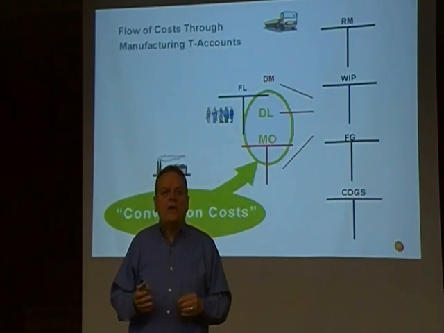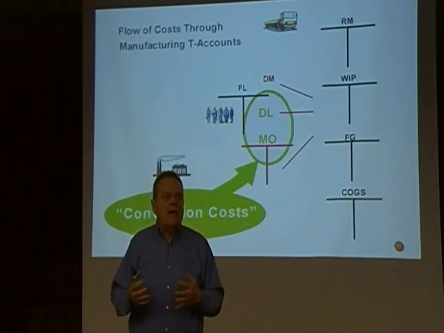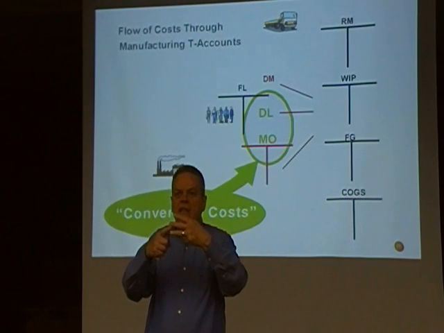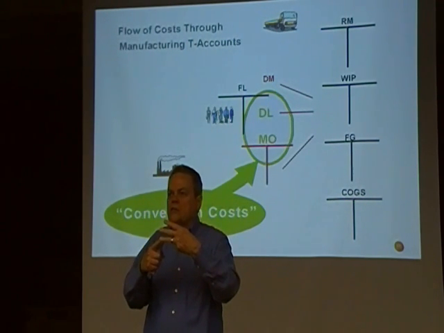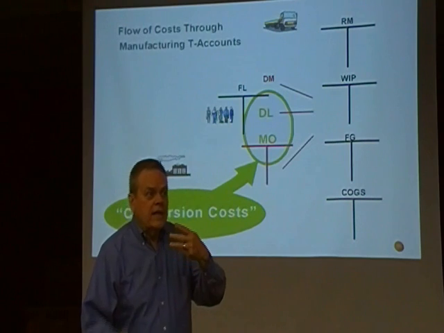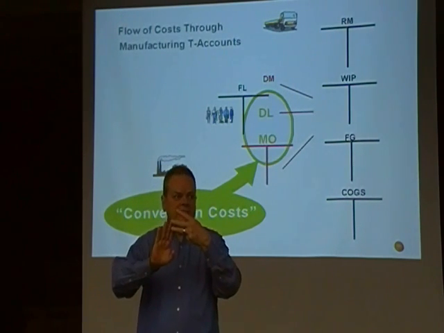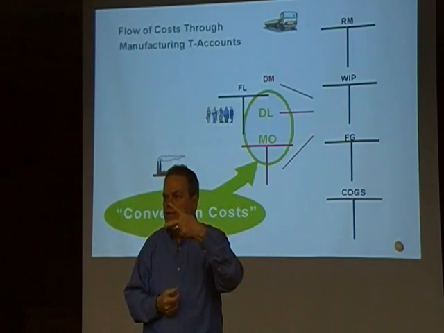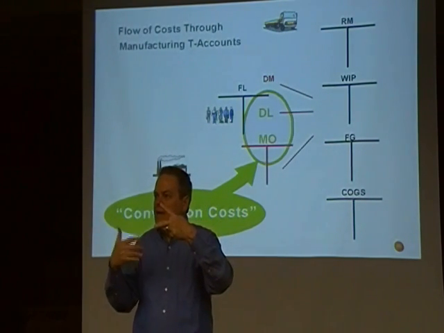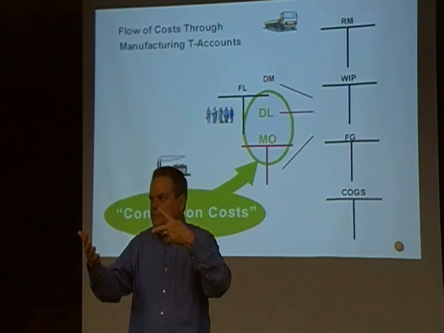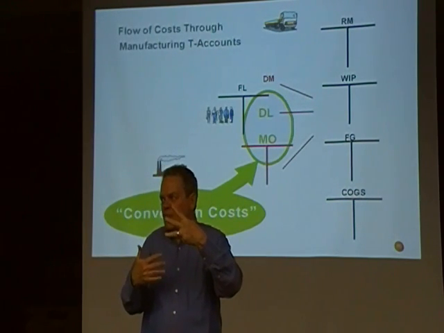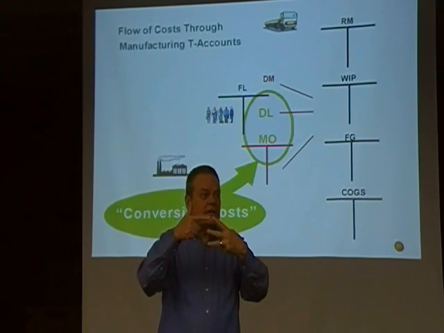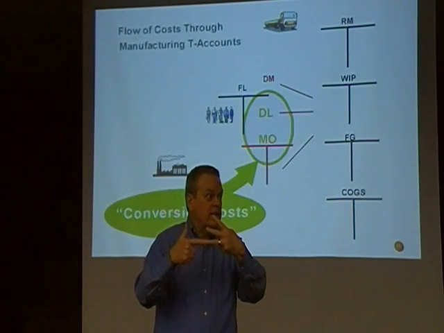Conversion cost is our attempt to save one allocation. We could allocate the materials cost, allocate the labor cost, and allocate the overhead cost. But because labor and overhead behave the same, we choose to lump them together. In an effort to try to make it more simple for you, it turns out that perhaps we make it more complex. Maybe it would be easier if we just allocated the materials, allocated the labor, and allocated the overhead.